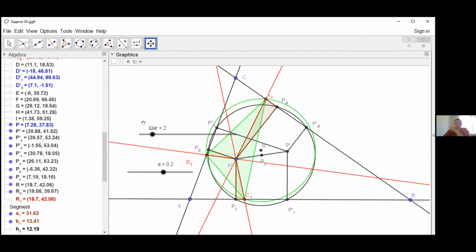The reason for it is that triangle PC C1 is similar to P R0 R, because R0 and R are corresponding points, circumcenters of similar triangles, or triangles that could be mapped one to another by a spiral similarity with the center P.